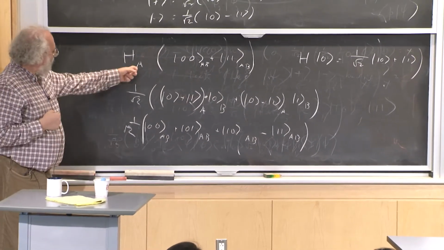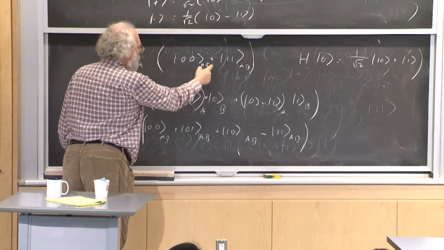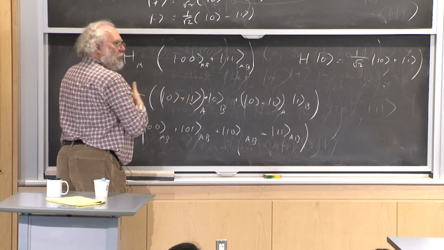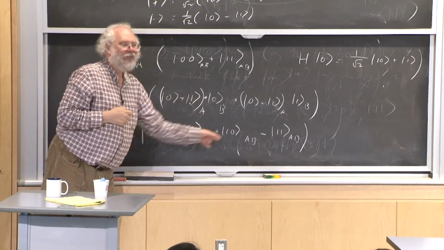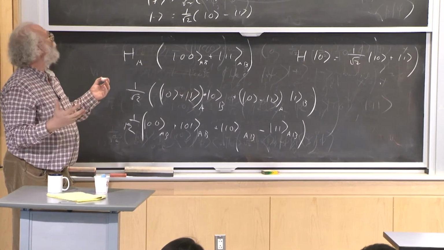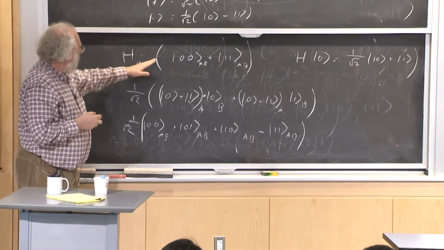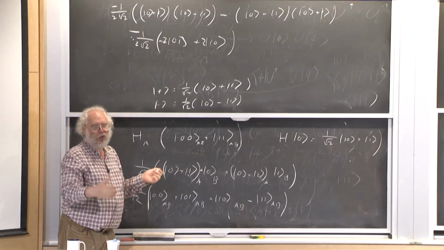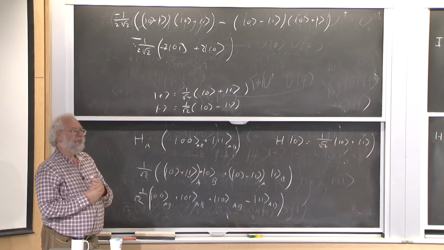So you just apply H_A to this qubit and leave all the other qubits in this expansion alone, and you get this. That's much more efficient than taking the tensor product of H with the identity and then multiplying it out. Any other questions?